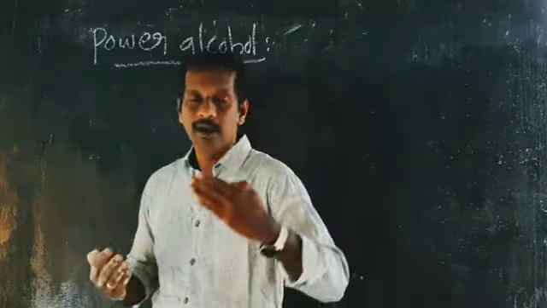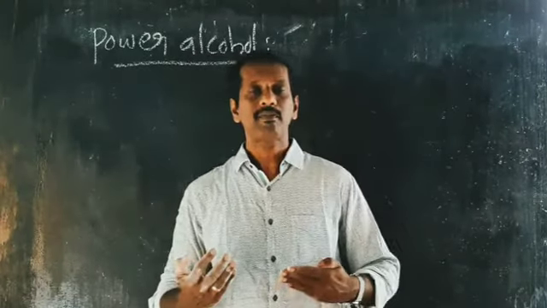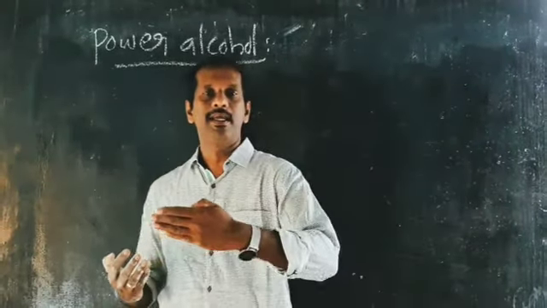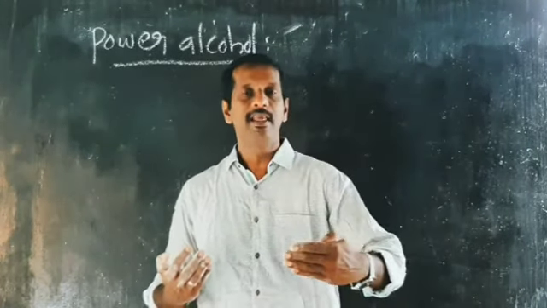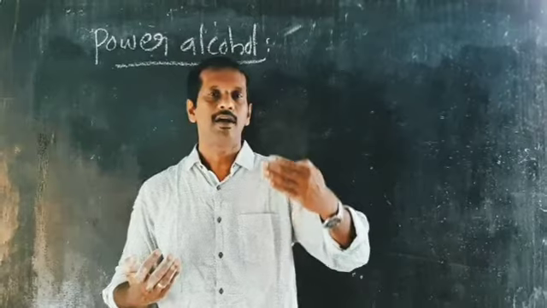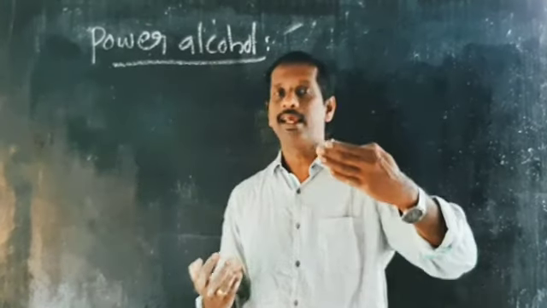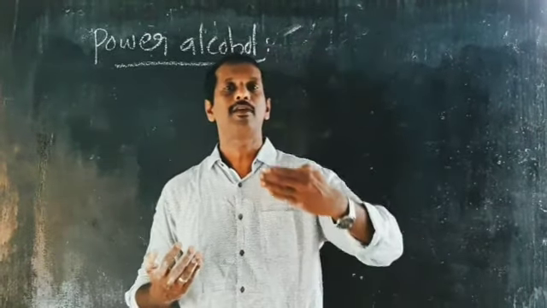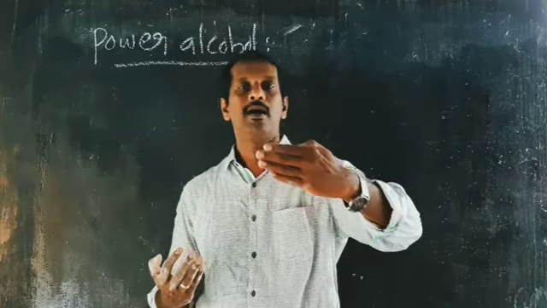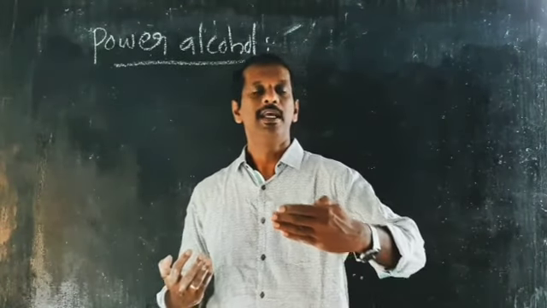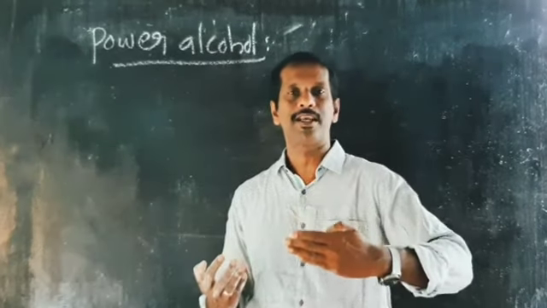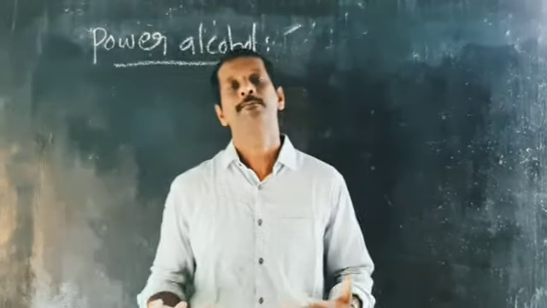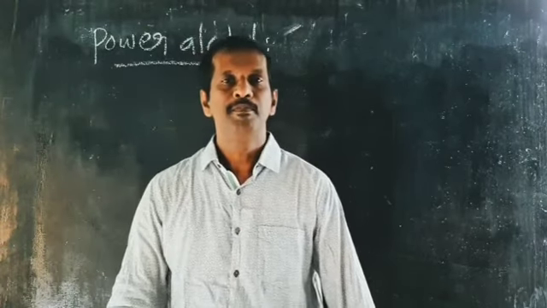Next is proof, a measure of the amount of ethanol present in the beverage. That is what is called proof spirit. Then next is power alcohol. When alcohol is used as an additive for fuels, or when alcohol is used for generating power, it is known as power alcohol. And thank you.